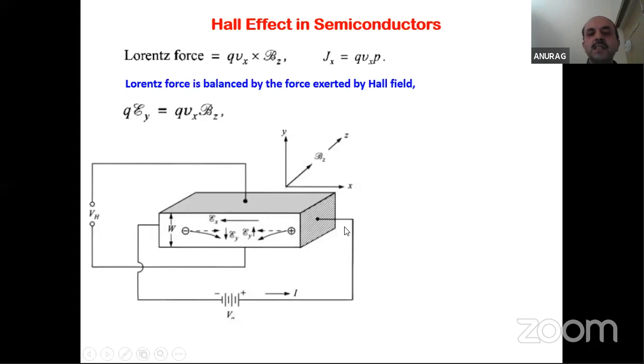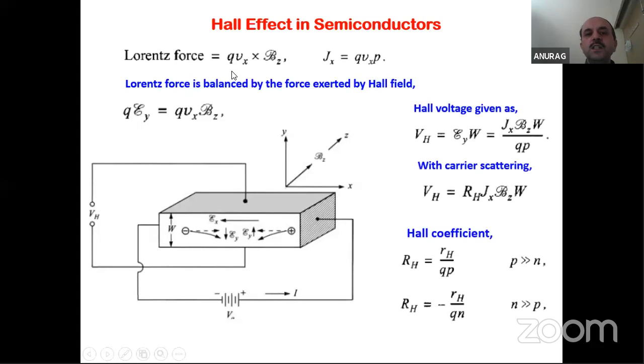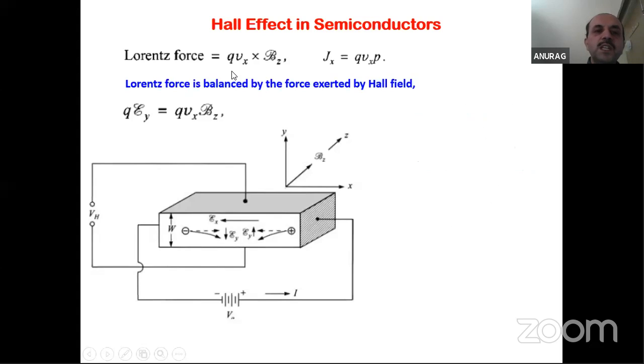This is the DC electric current which is flowing. Due to this, an electric field, or voltage, will be developed across the Y direction. This is the Hall effect. And the Lorentz force you already know; this is the Lorentz force faced by these carriers.